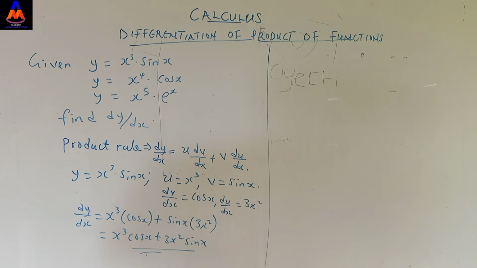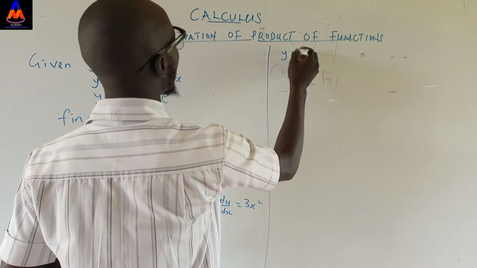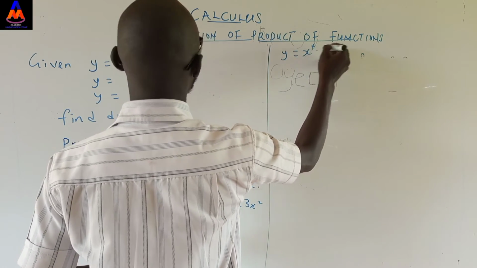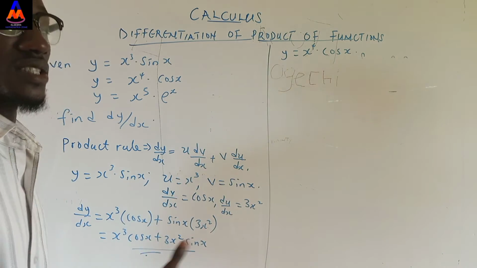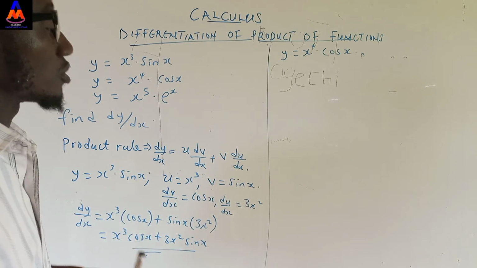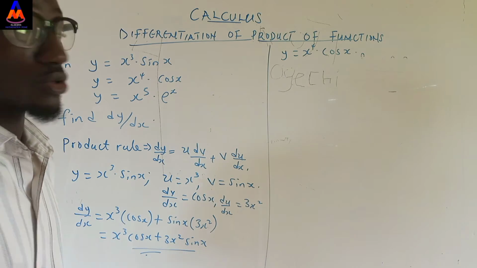That's what we'll get when we are done with the differentiation. So we move to the second one, which is y equals s raised to the power 4 cos x. These are the basic questions that you can encounter. Of course, we have the complex ones, but basically this is the approach of implementing the product rule.